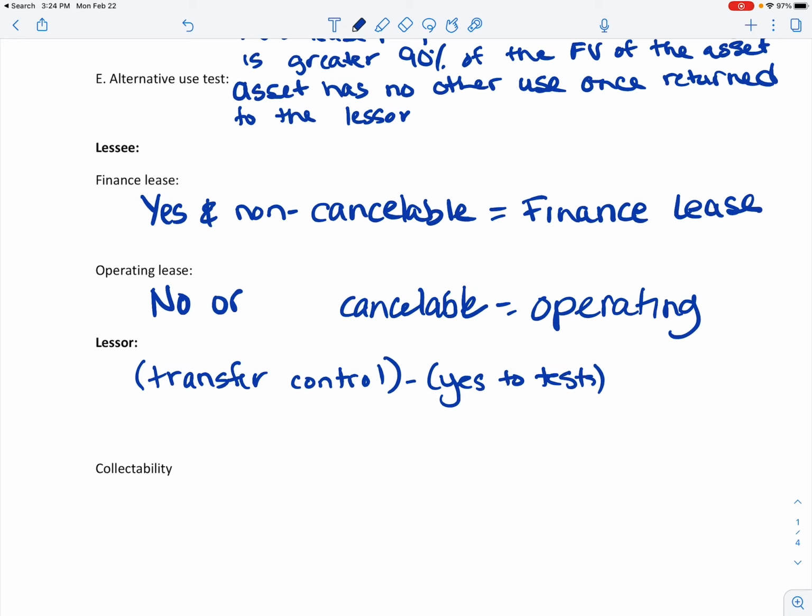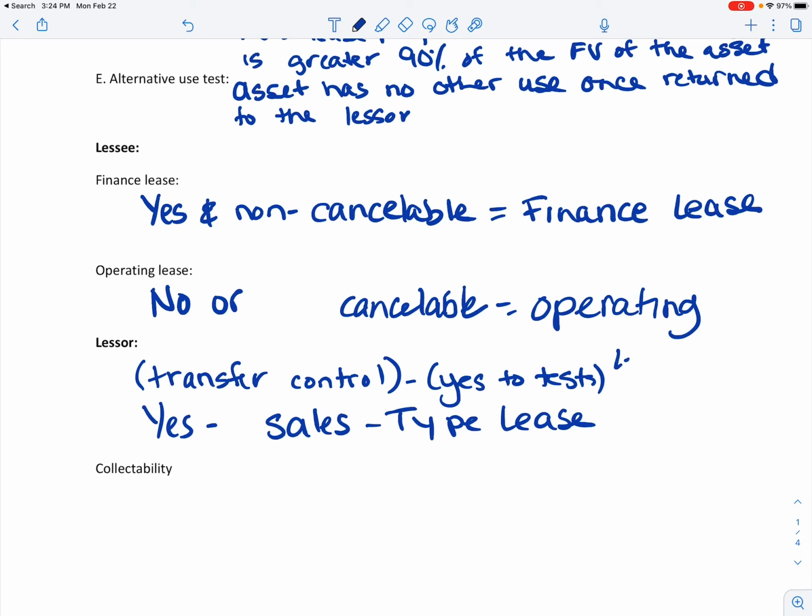If they did transfer control, then it's a sales type lease. For these sales type leases, the lessor records it similar to the sale of an asset. We would record a lease receivable, just to give you a little idea.